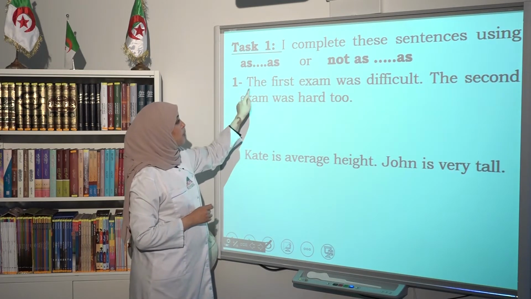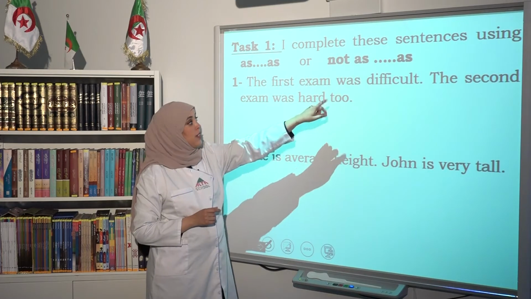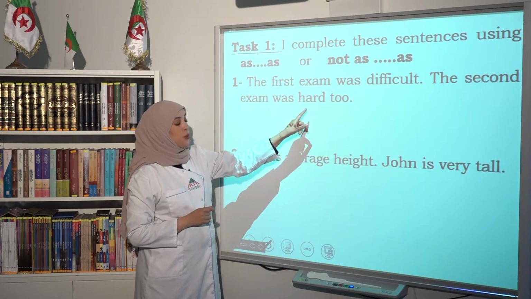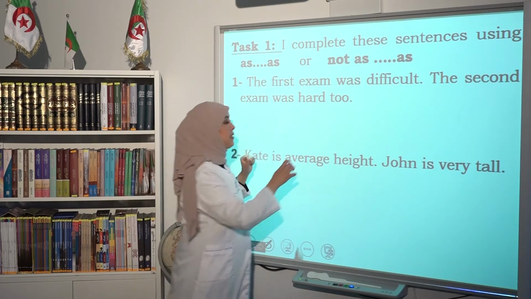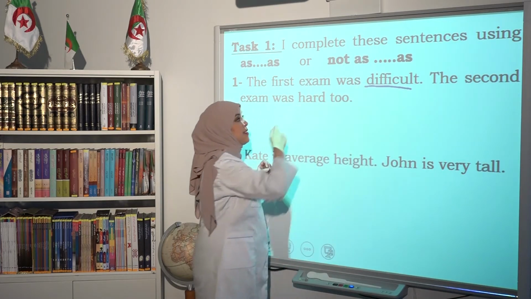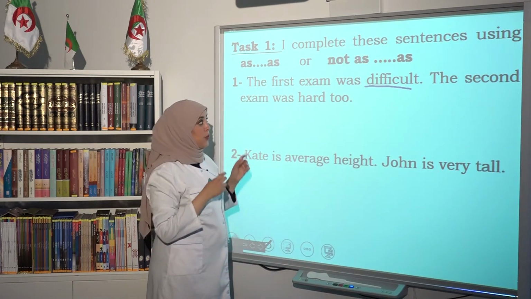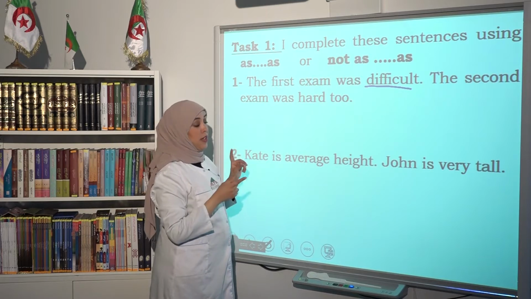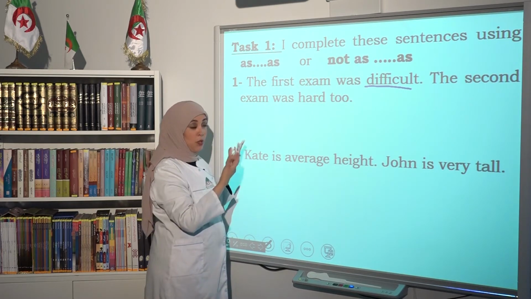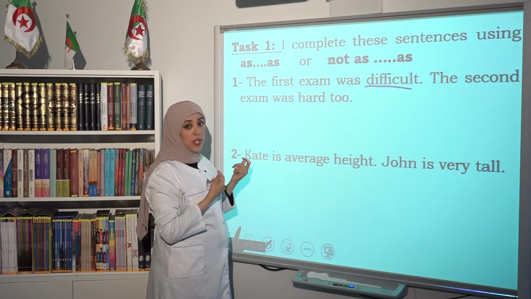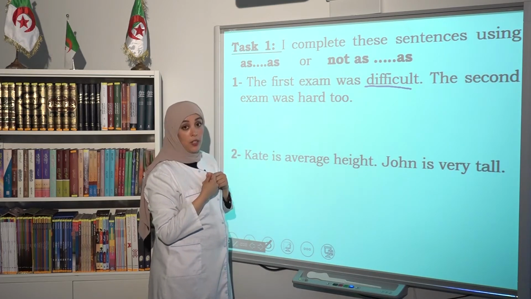First one. The first exam was difficult. The second exam was hard too. Where's my adjective here? It's difficult. Difficult is the same synonym as hard. So here both exams were difficult. So I'm going to combine the two sentences using comparative of equality.